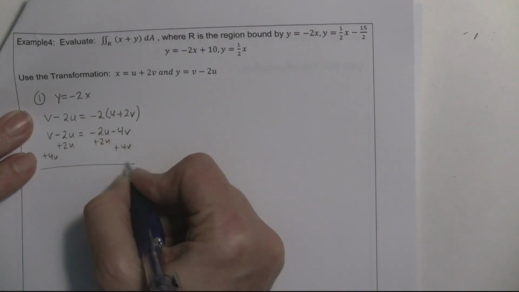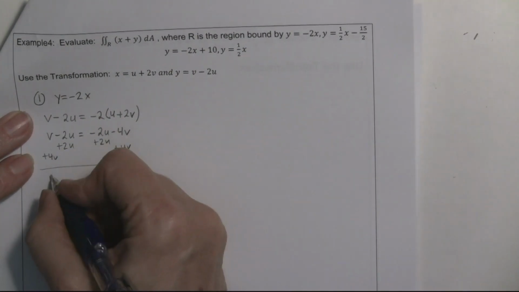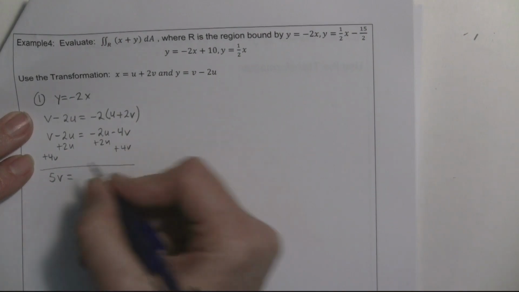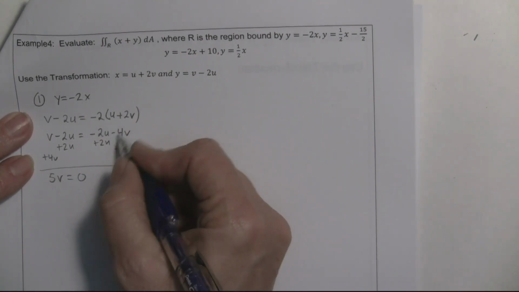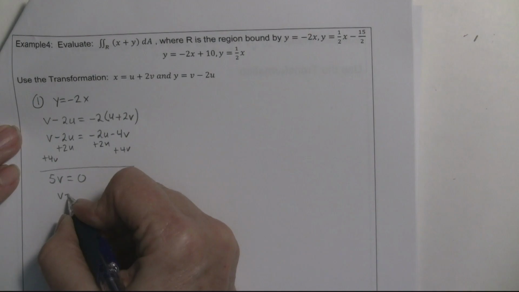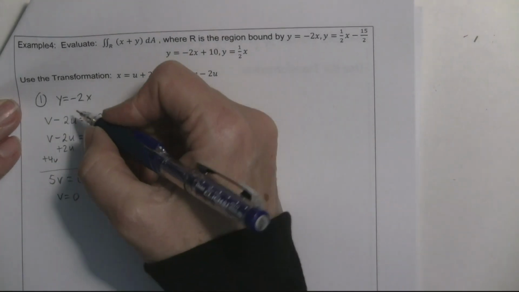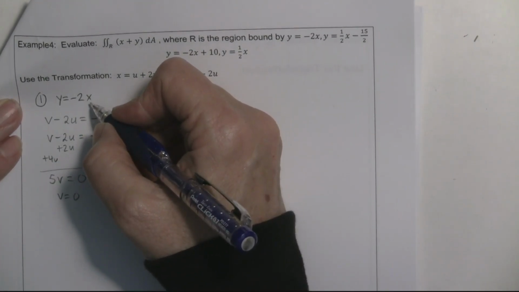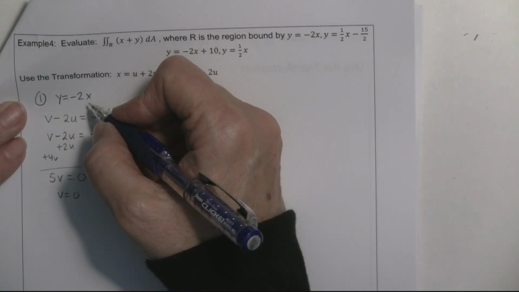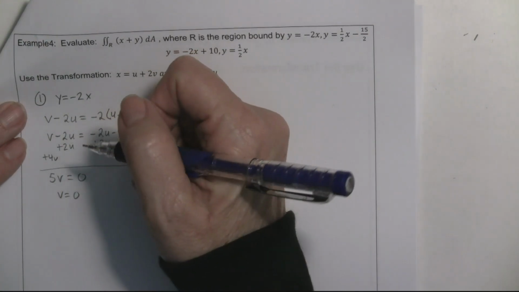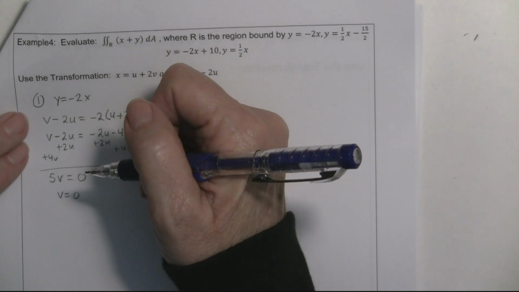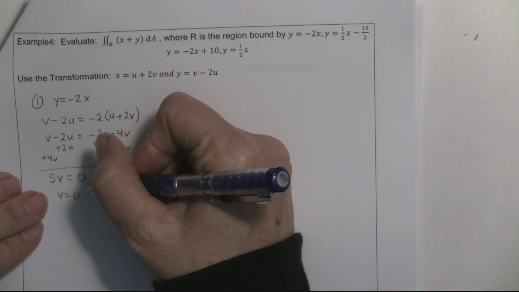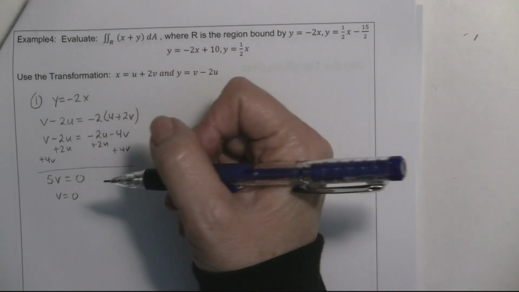So when the dust clears, all of the u's canceled out, and I get 5v equals 0. Everything's gone. So that means that v equals 0. So instead of the equation y equals negative 2x, what I'm going to have instead is v equals 0.